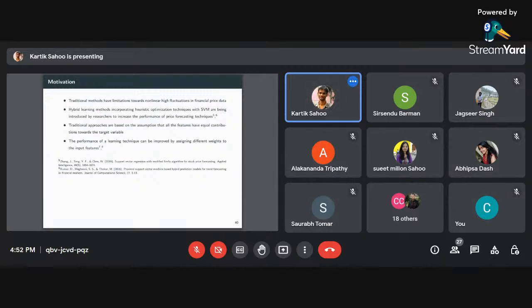Performance can be improved if we assign different weights according to their importance score. Instead of just discarding those features, we can do feature weighting instead of feature selection. Earlier I talked about feature selection, and here I am talking about feature weighting, instead of just giving less relevant features less weight.